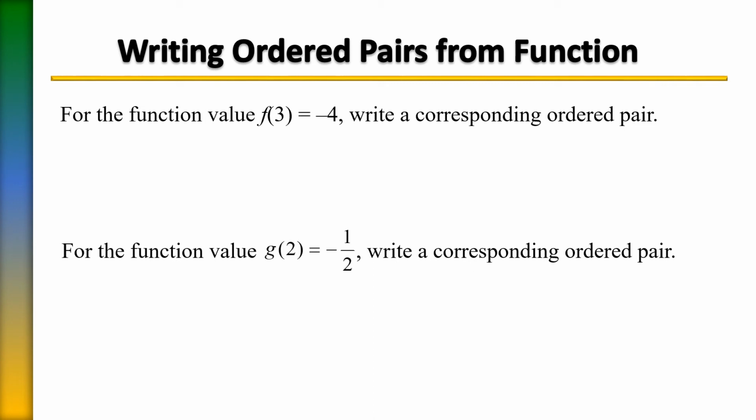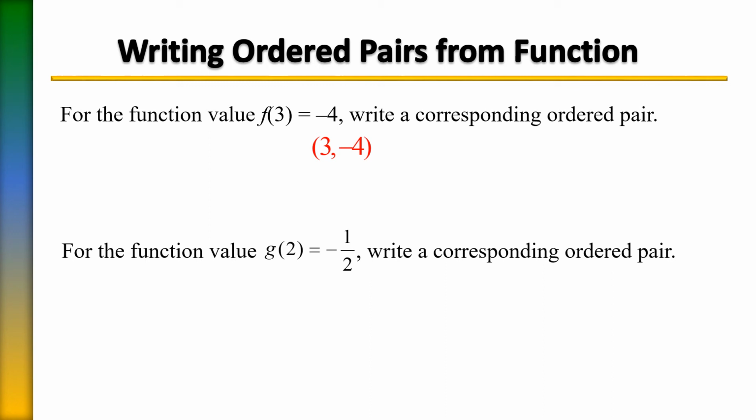So as an ordered pair, the x value would be your input. So in the x's place of the ordered pair, I'm going to have a 3. Your output is your y value. So in y's place, I'm going to have a -4. So my ordered pair then would be (3, -4).